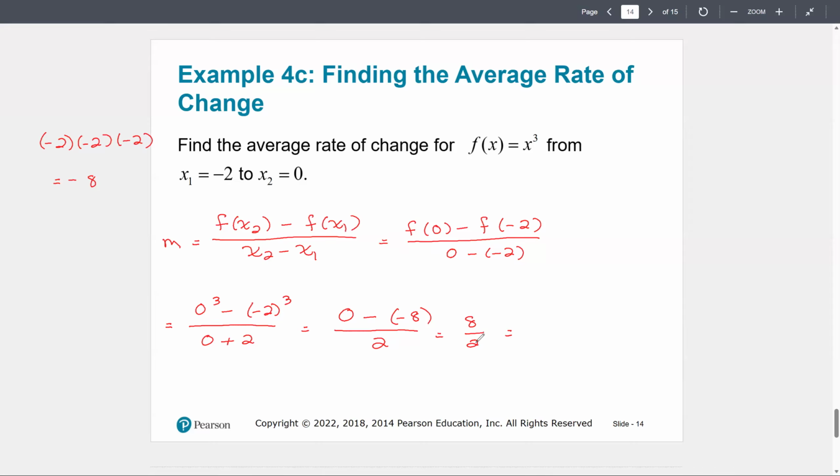Yeah, 8 over 2. So this is just going to be a rate of change of 4. So the average rate of change from x1 equals -2 to x2 equals 0 is going to be 4.